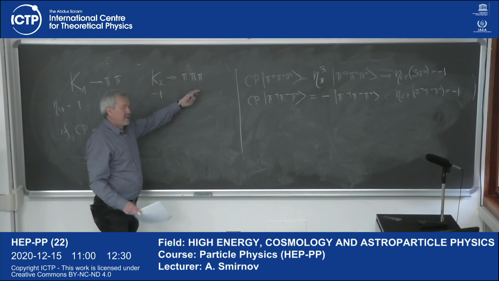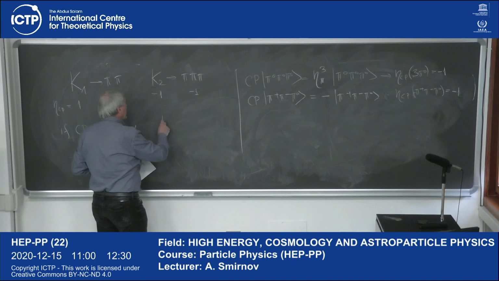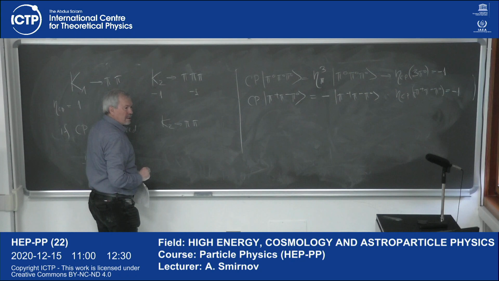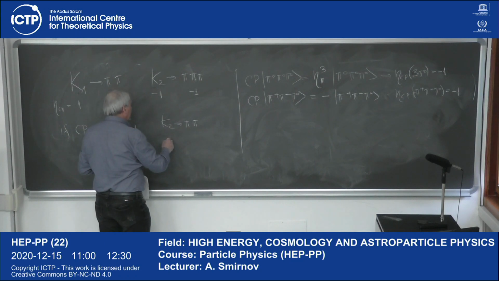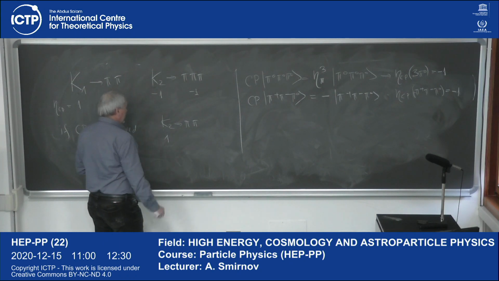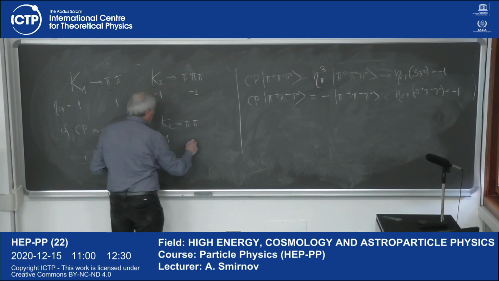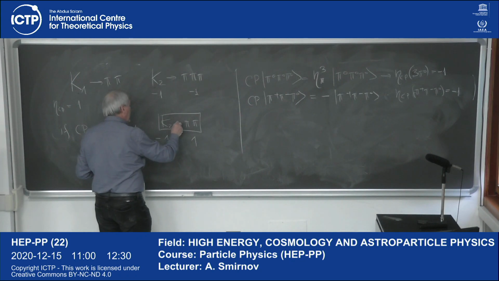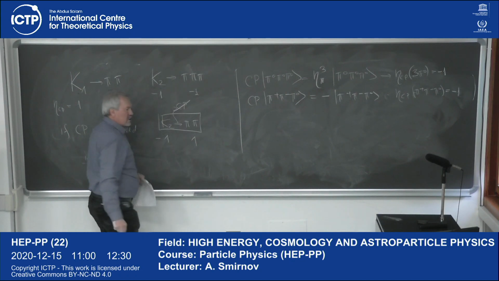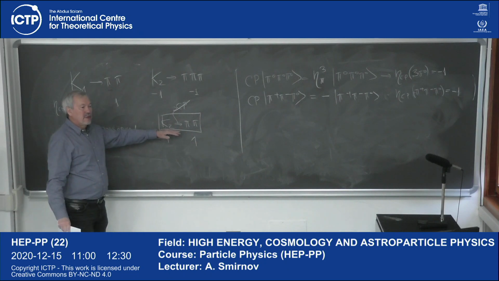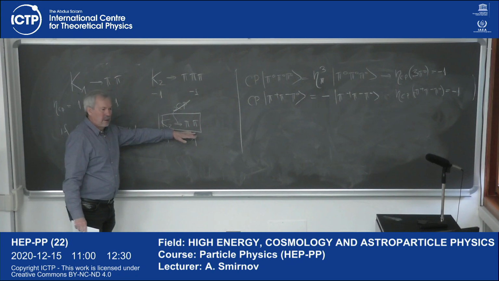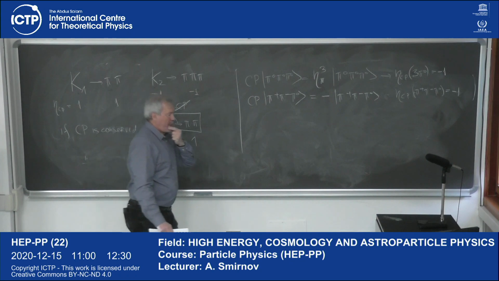What has been observed is that K2 also decays into 2 pions. And therefore, CP is broken, because here we have CP parity minus 1, and the CP parity of these 2 pions is plus 1. So here we have CP violation. Bottom line, the observation of K2 decay into 2 pions was the discovery of CP violation.